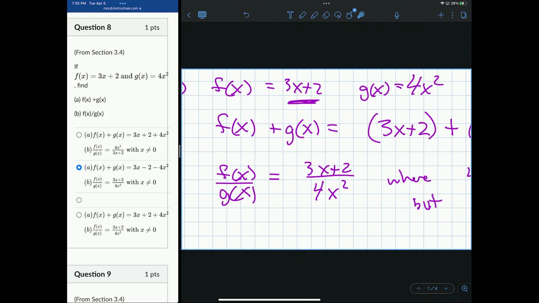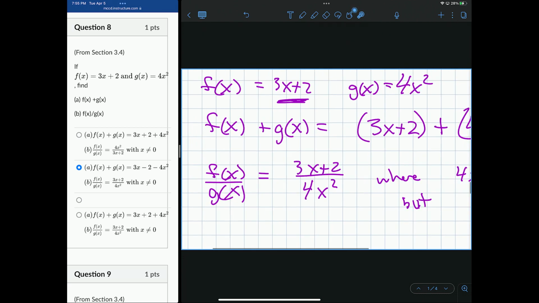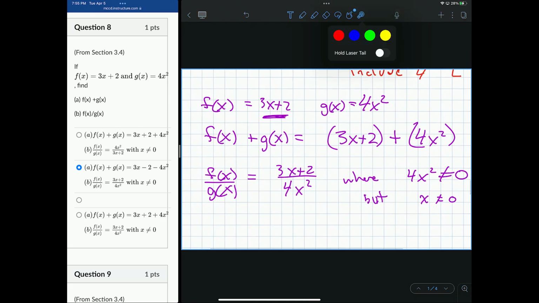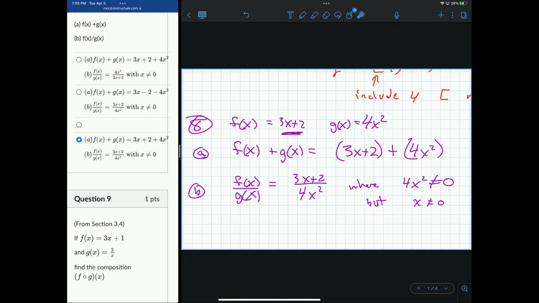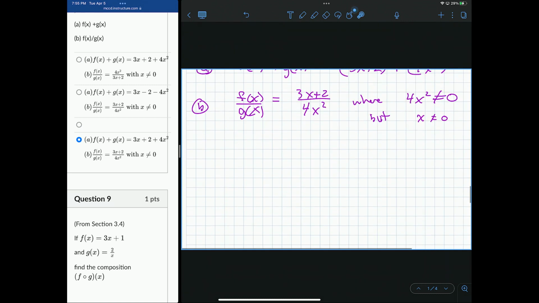On the next option, this one's wrong because if you look at the f plus g, we see that the signs are wrong, right? There's some minus signs, but this did not have any minus signs. So that option's wrong. Well, this one's wrong because there's nothing there. This one's right. This one matches what we have, right? Yeah. And that's it. Next question.